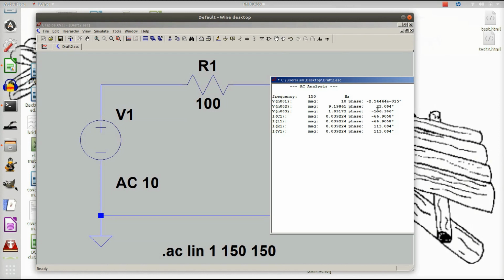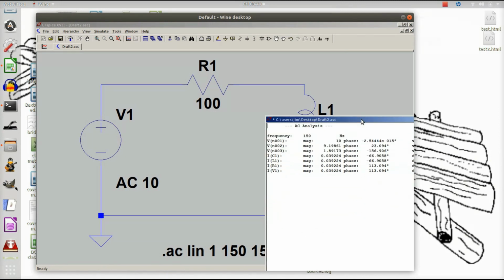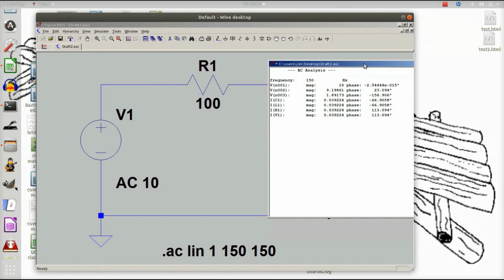But notice that the angles are different. And I'll show you how that affects things. And then if I go between my inductor and my capacitor to ground, I get this last reading, about 1.9 volts with a minus 157 degrees. Okay? So if I measure that way with a voltmeter, I'll get those readings.